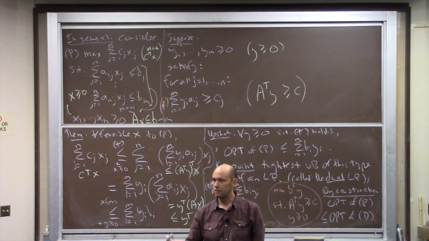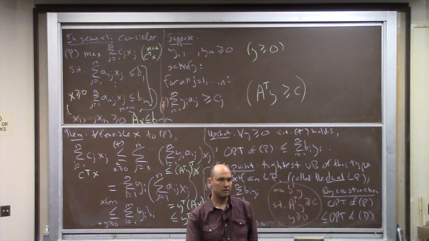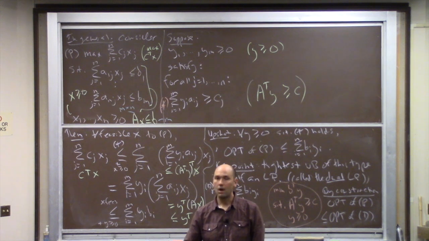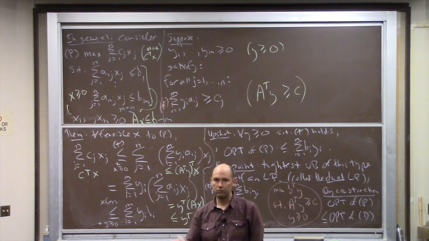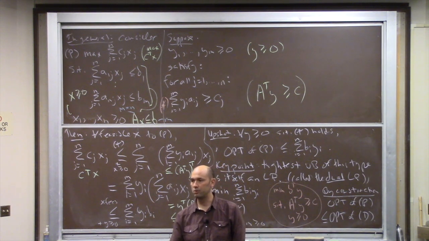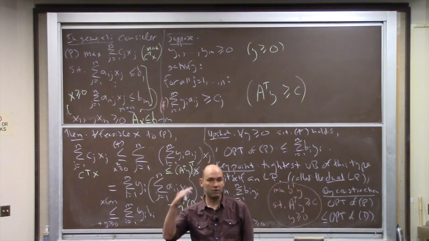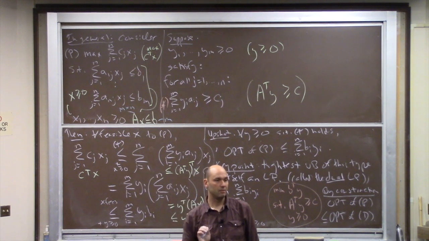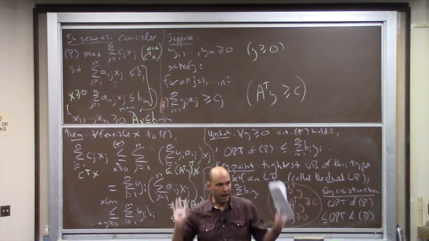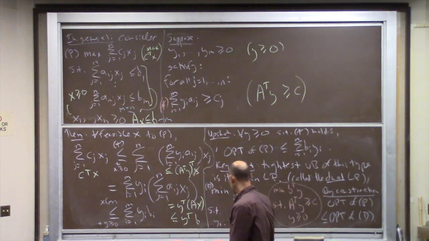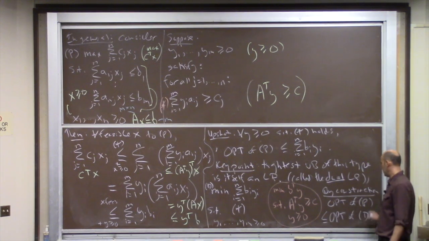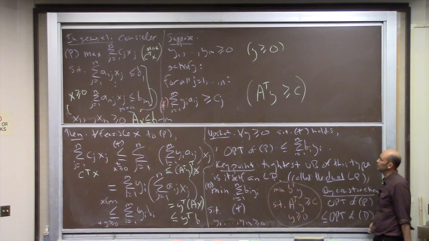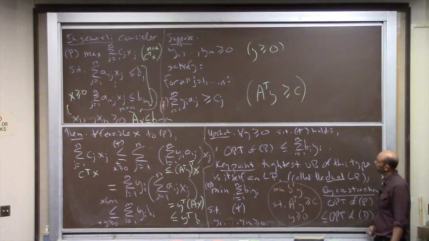Feasible solutions to the dual linear program correspond to valid upper bounds on the best possible objective of the primal. That is, every feasible dual solution gives you an upper bound on the value of every primal feasible solution. So that's true in particular for the best of all of the duals and the best of all of the primal solutions. Okay? So we don't know whether this holds with equality or not, but just by construction, by the definition of the dual linear program, it will always be the case that the objective function value of the minimization program is at least that of the maximization part of the primal dual pair. Okay?